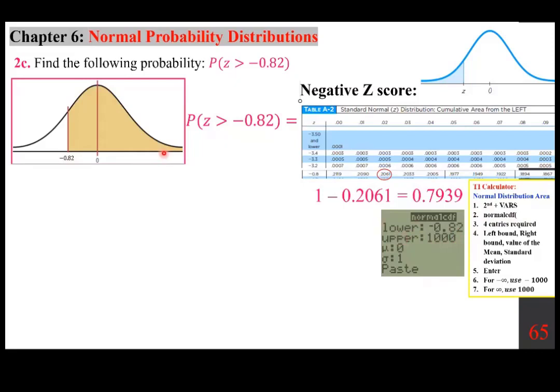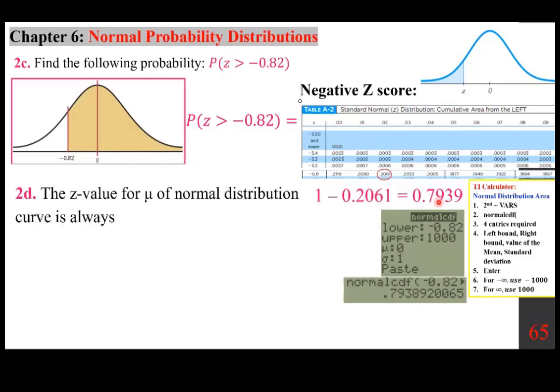Because this goes to infinity. Remember, beyond 3 standard deviations, it goes from -3 to +3, almost 100% or 99.7%. Therefore, 1,000 is a good number to choose, or anything larger than that. And you come up with the answer, again, with many more decimals than what we got from the table.